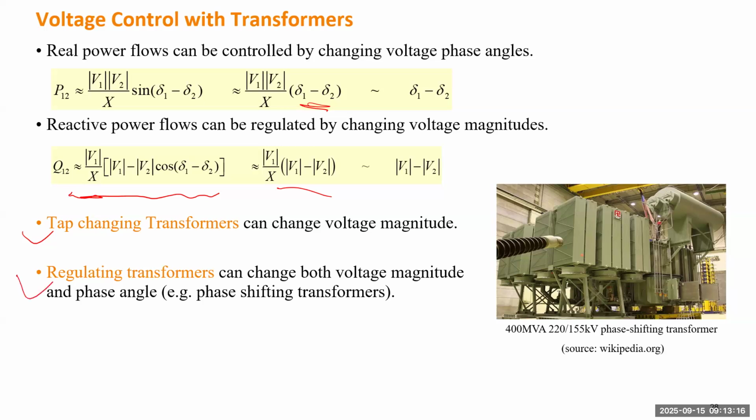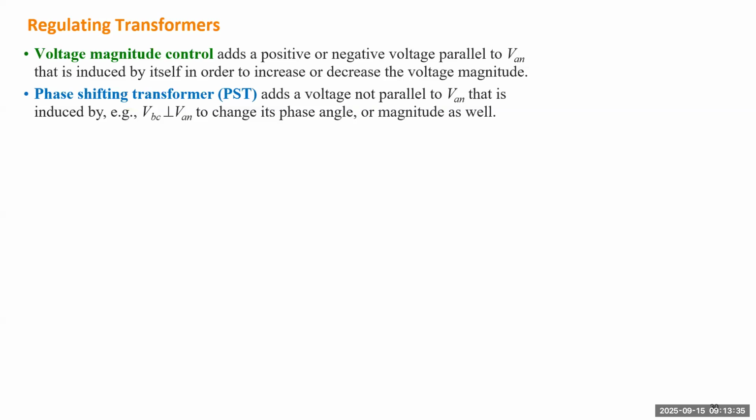This lecture, we are going to talk about the regulating transformers. The regulating transformer can change the voltage magnitude and phase angle, so it can help control both active and reactive, real and reactive power flow. Okay, to control voltage magnitude, it can add a voltage proportional to the voltage of one phase, or between maybe the line and the neutral point.